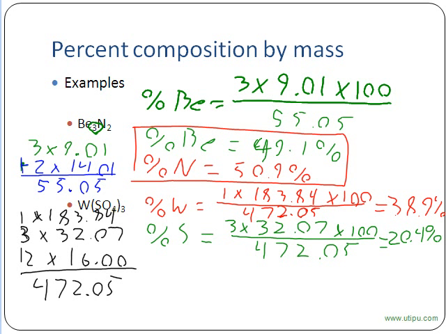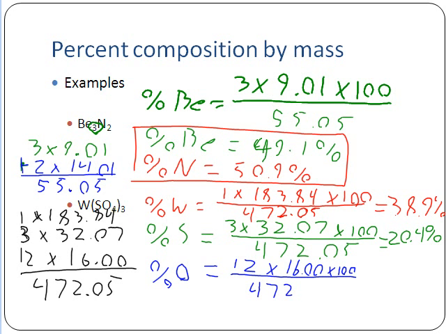Our very last one is our oxygen. And so to find percent oxygen, we could just add those 2 guys up we had before and subtract it from 100. But let's go through this one and use it as a double check. So we have 12 oxygens total, and oxygen has a mass of 16.00, and then times 100 to get it into percent again. Divided by the total mass, 472.05. So let's see what we get.